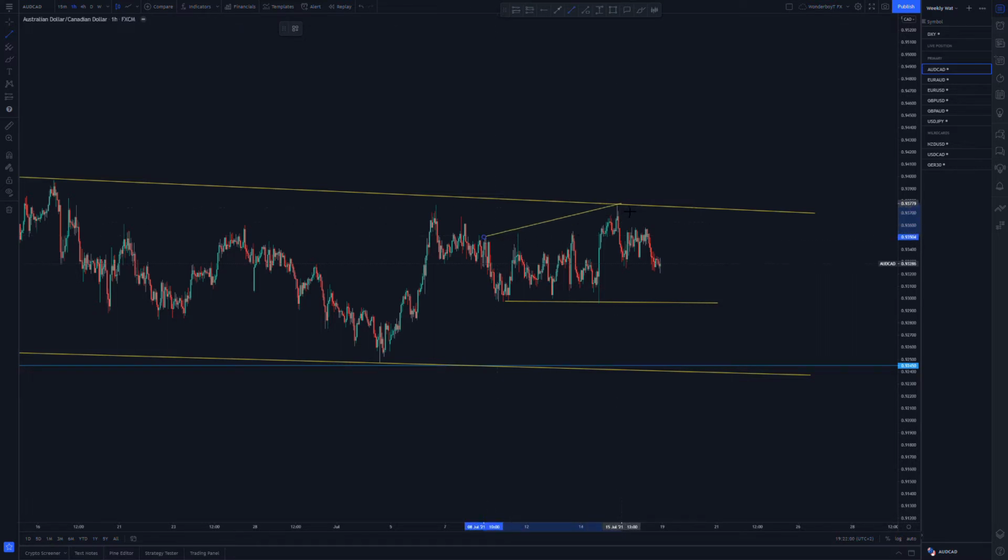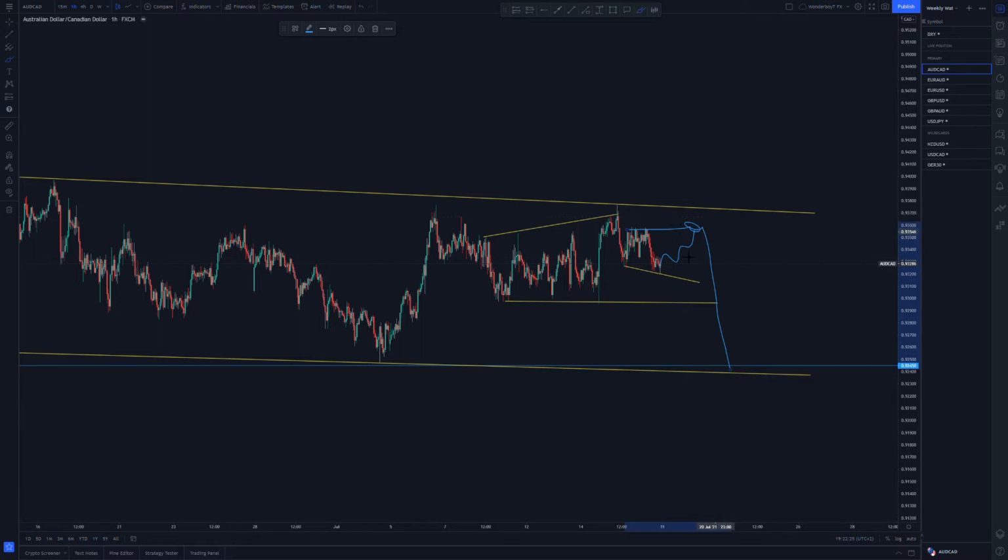We reacted from this area. So I want you to see if maybe we can get some entries here, something like this, maybe from here, and then take it to the downside. That remains to be seen.